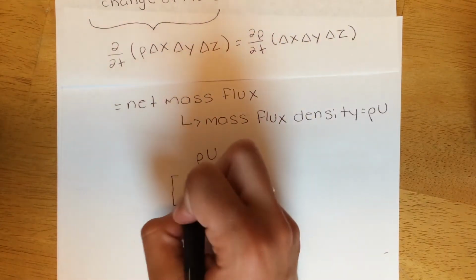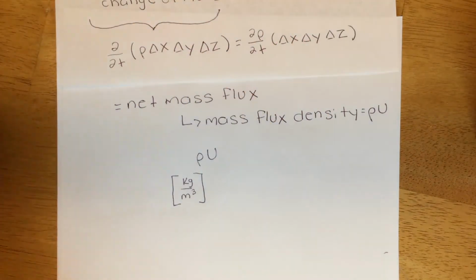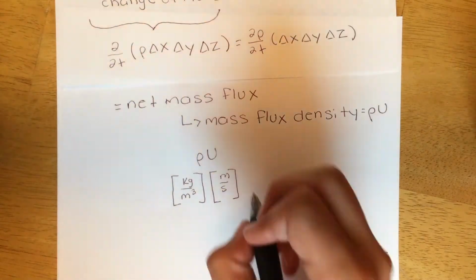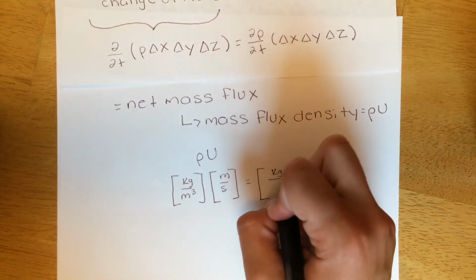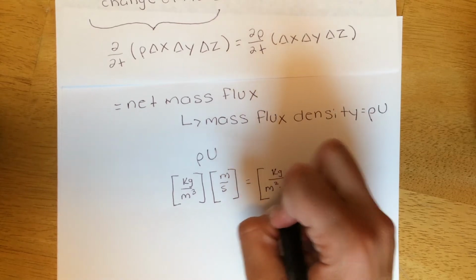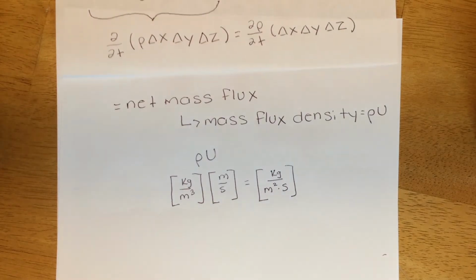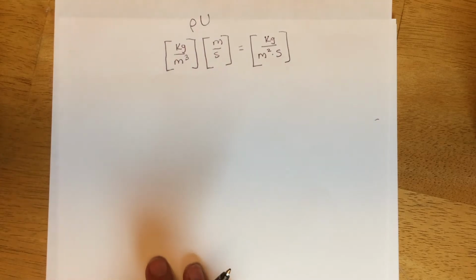Here we have density, which is in units of kilograms per meter cubed, multiplied by velocity, which is meters per second. And this gives us a density flux in units of kilograms per meter squared seconds. This makes sense with our loose definition of flux, the amount of something that passes through a given area in a given amount of time.